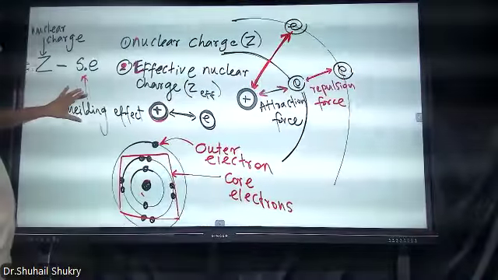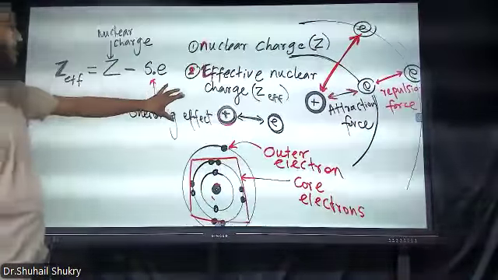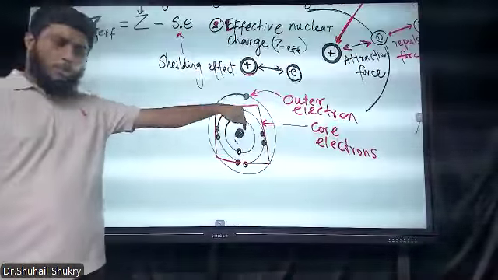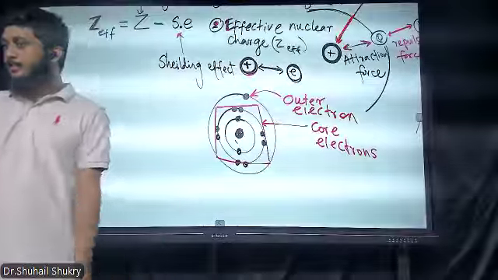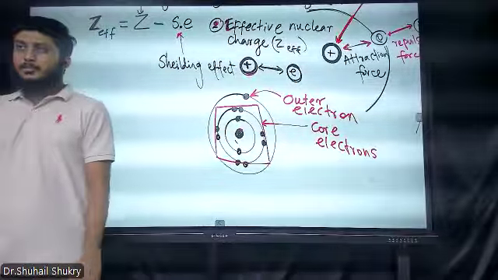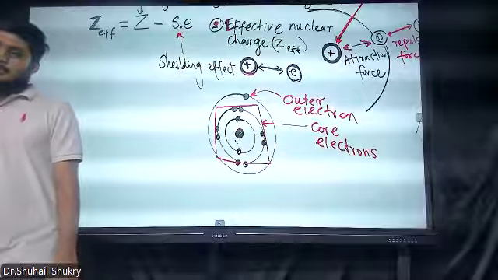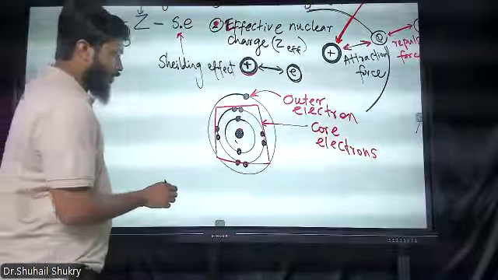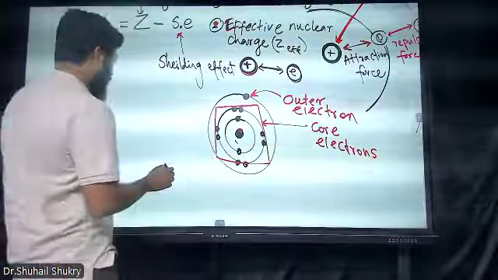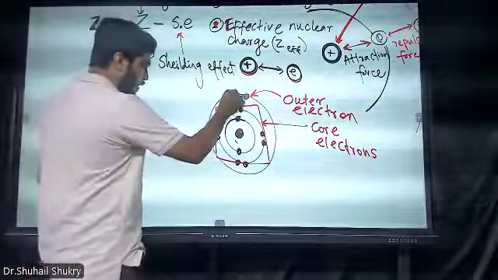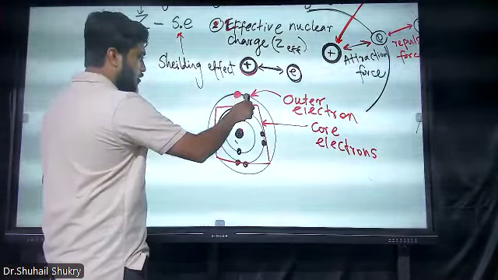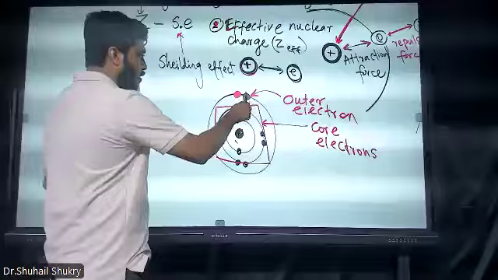I told you the shielding effect occurs because of the core electrons, the inner electrons. So if electrons are added in the same shell, will it affect the nuclear charge?